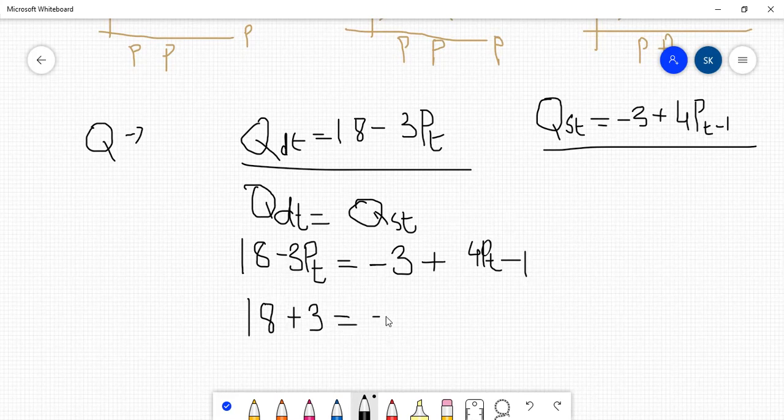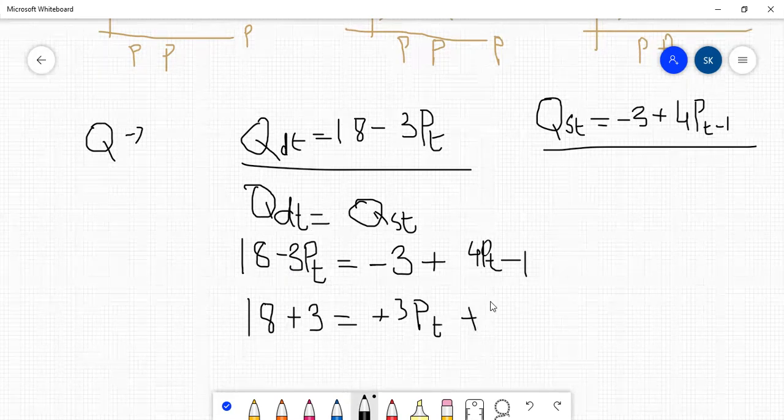Minus 3 will shift to the right hand side when it is shifted. We get 3pt plus 4pt minus 1. Now we can do one more thing over here: we can also shift these values to the left hand side.